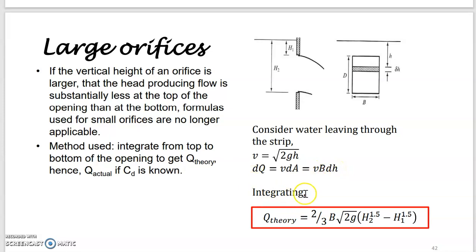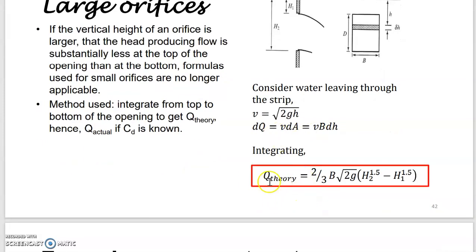So by integrating this, we have Q theory equal to 2/3 times b times the square root of 2g times h2 to the power of 1.5 minus h1 to the power of 1.5.